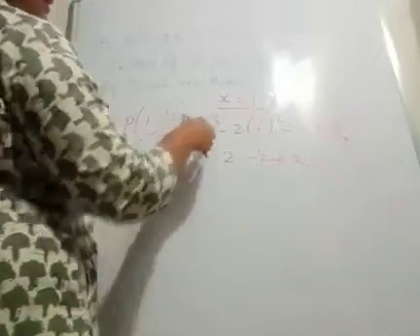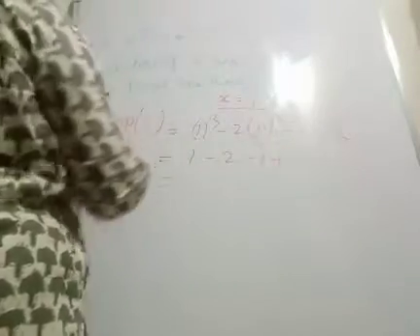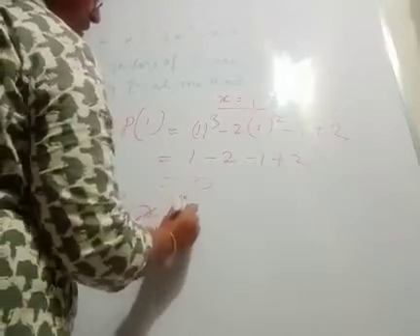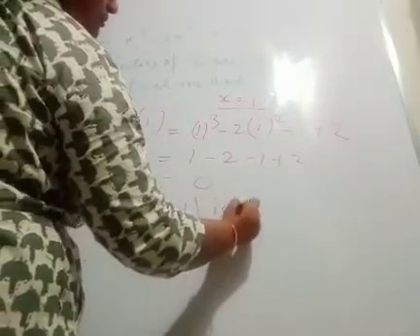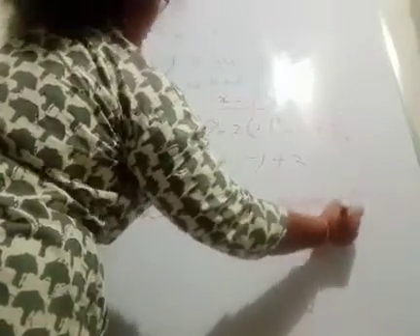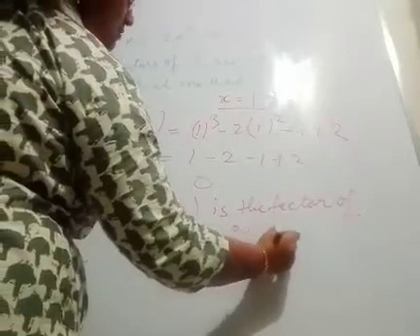So here you see, by putting x equal to 1, the value of this polynomial becomes 0. So we can say that x minus 1 is the factor of x cube minus 2x square minus x plus 2.